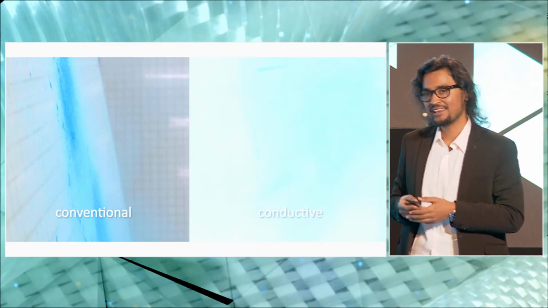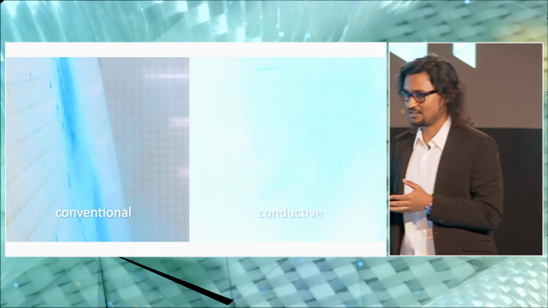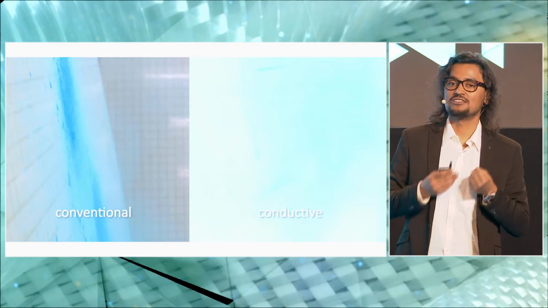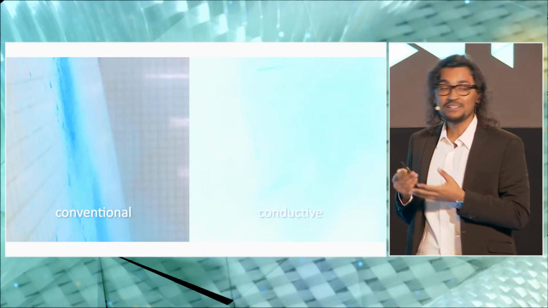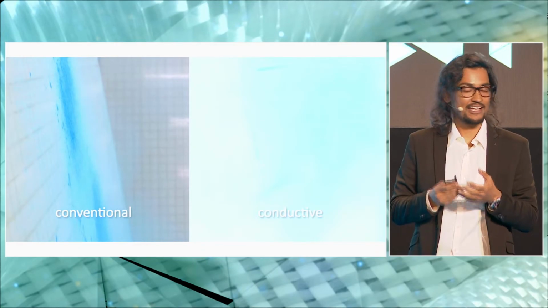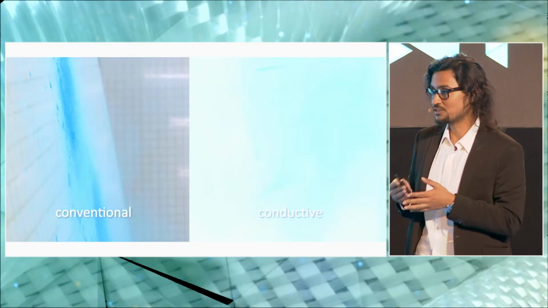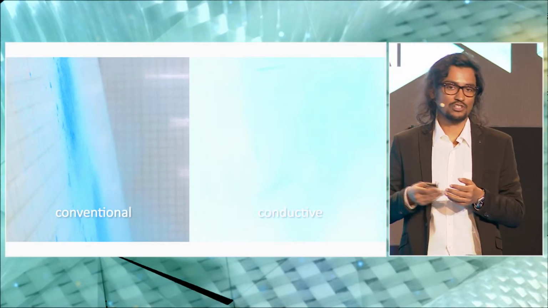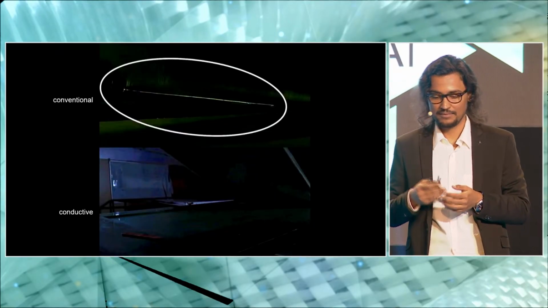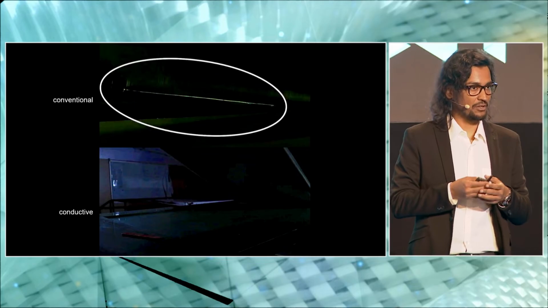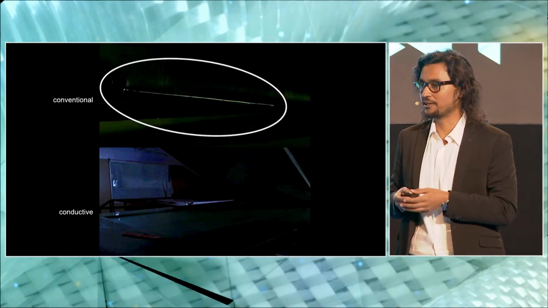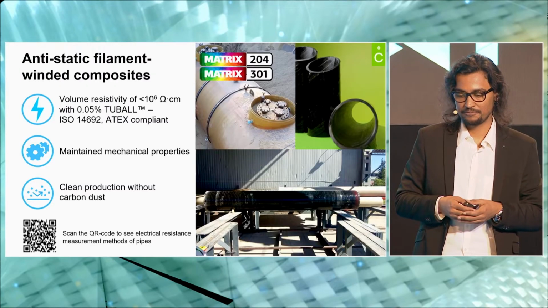Also, as you see, anything which is anti-static doesn't catch dust. That means you don't have to clean it as much. And if you don't have to clean your molds as much, they are likely to give higher life. So this is just one of the examples how nanotubes are adding value to mold coats.